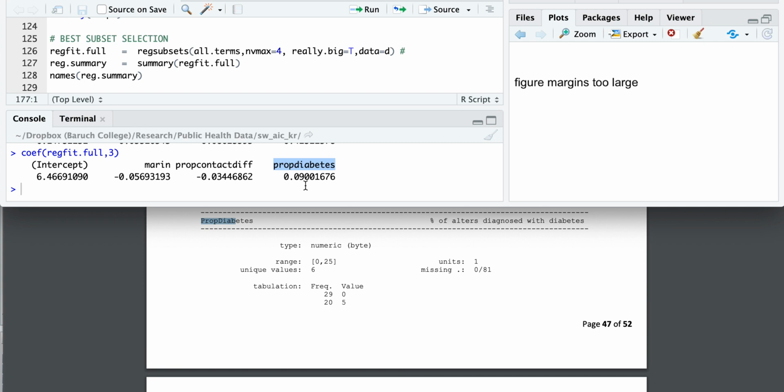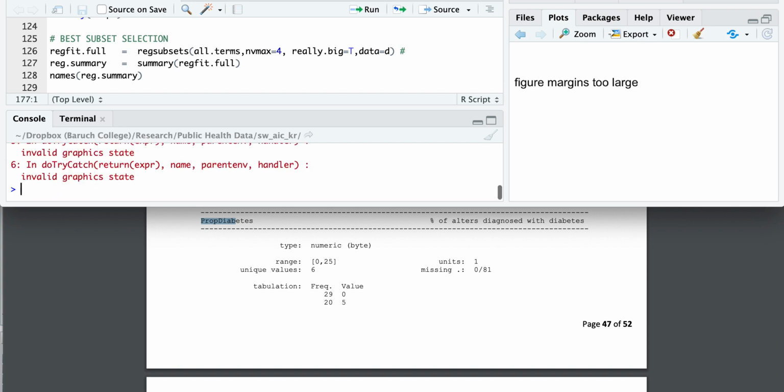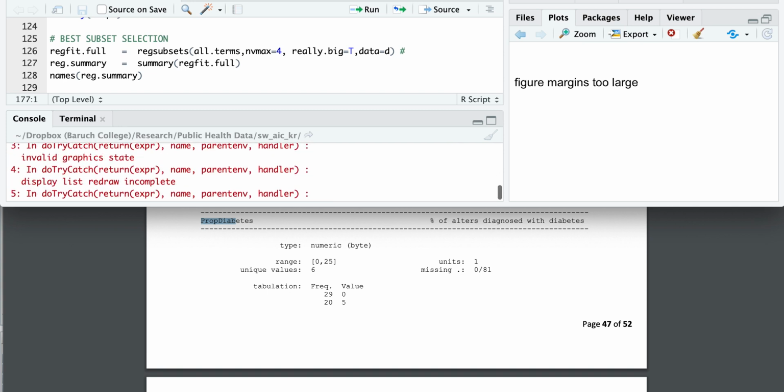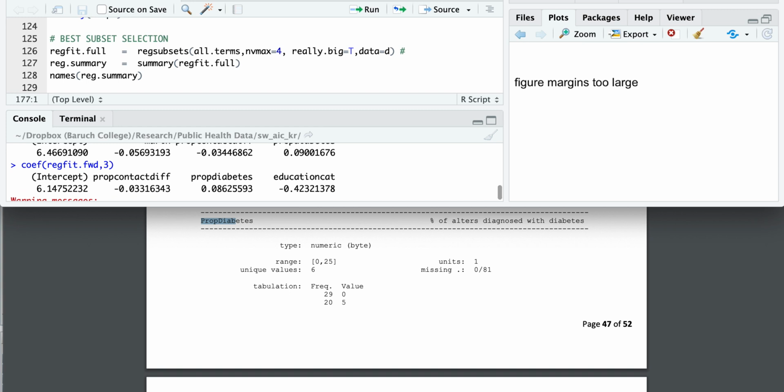So anyway, this is just 3 variables. Let's see what forward says. Education category. So the more educated you are, the lower the blood sugar.